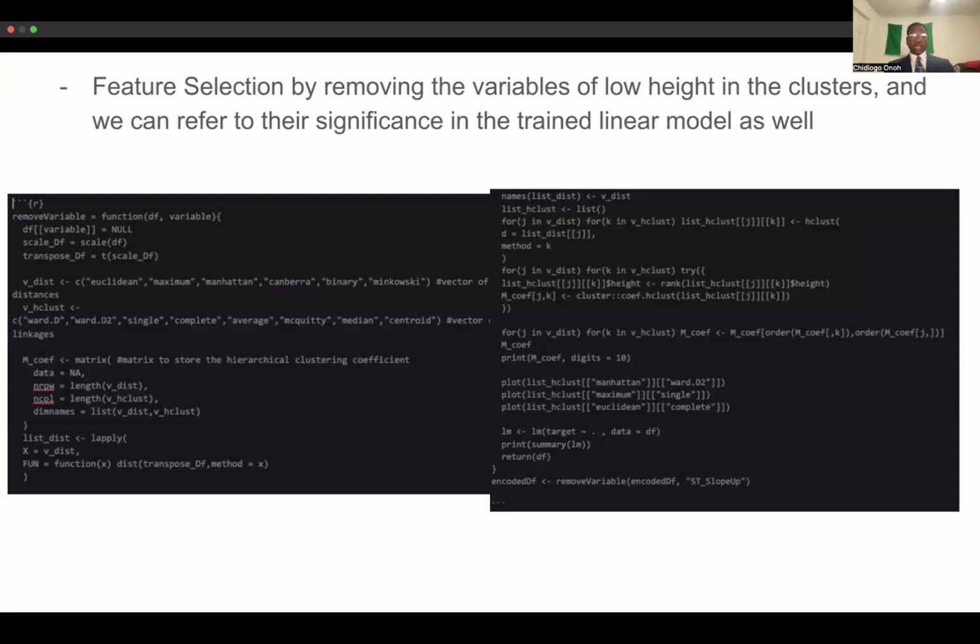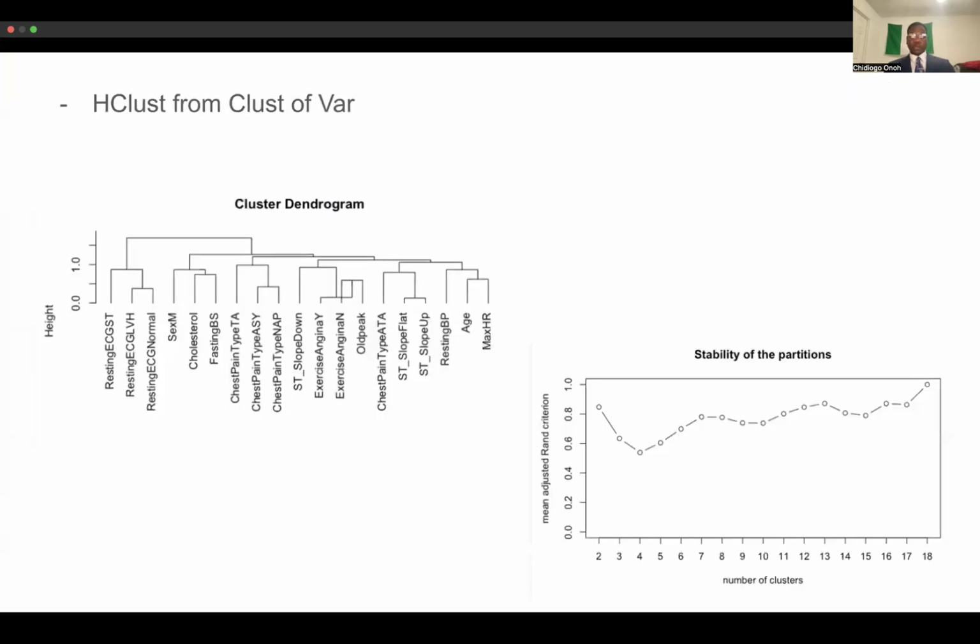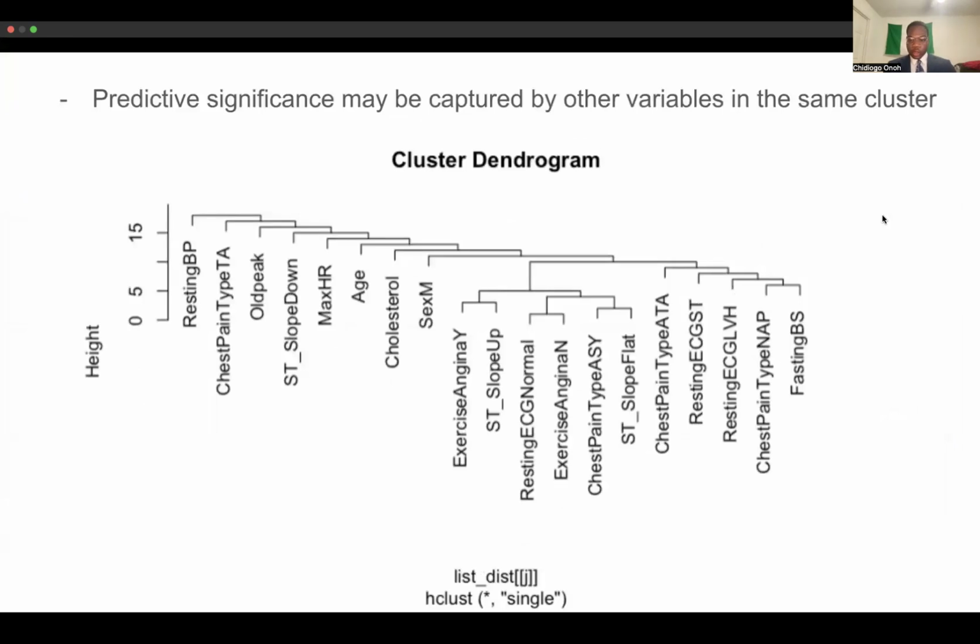For the feature selection, I write a function that removes variables of low height. So after we look at each step, we're going to be looking at the dendrograms, and then we're going to be removing variables. For example, here we would start by removing perhaps the lowest height variable. So that's going to be resting ECG normal.